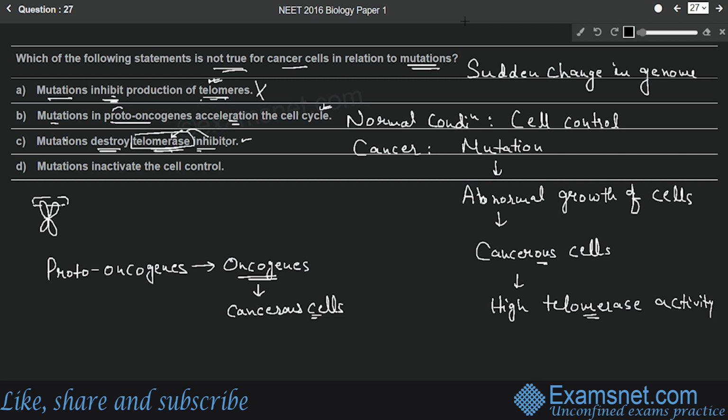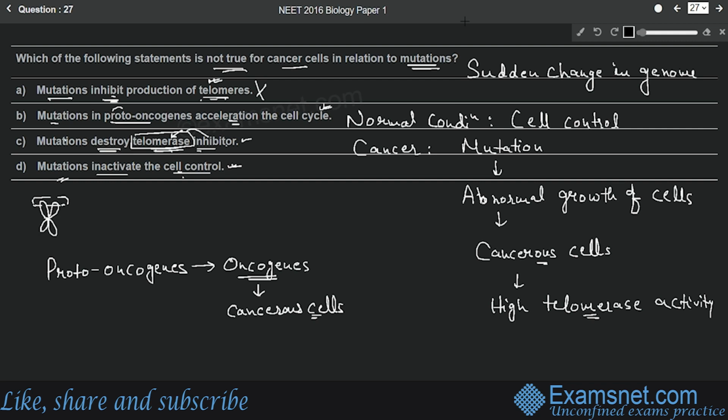And when it becomes active, it will lead to the rapid cell division. Then the last statement says mutations inactivate the cell control. This is also correct, because cell control is the characteristic of normal condition, not cancerous condition. In case of cancer there is mutation which inactivates the cell control, so that there is abnormal growth of cells.